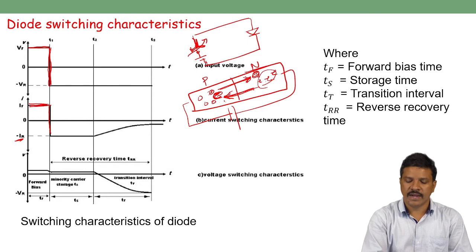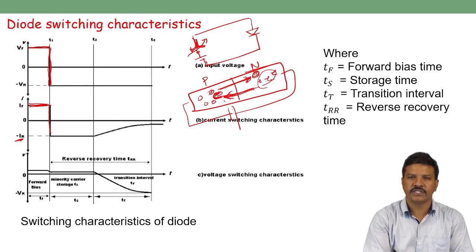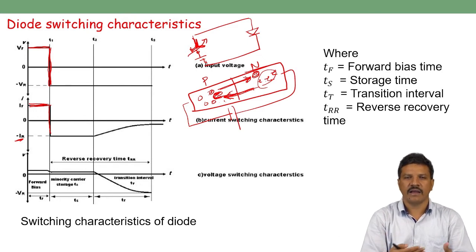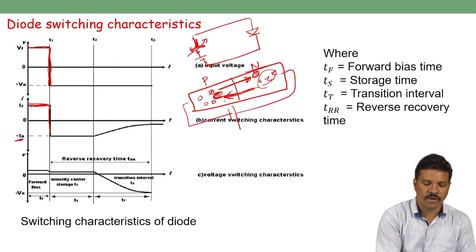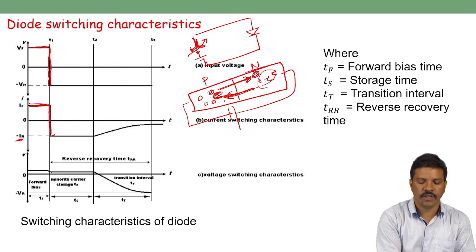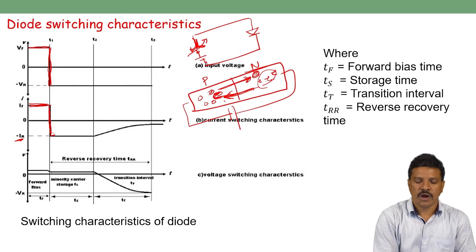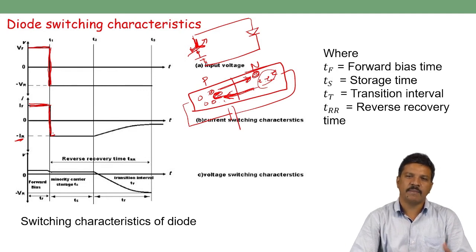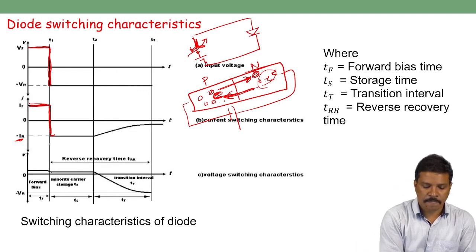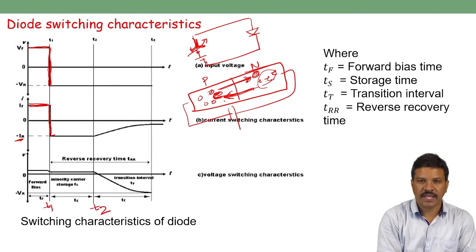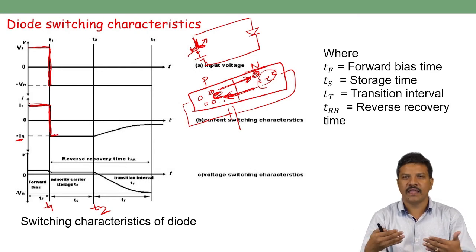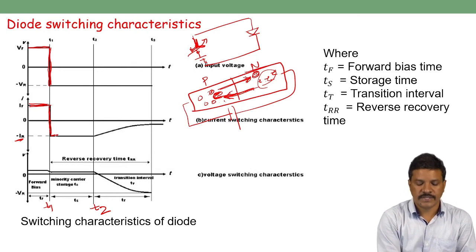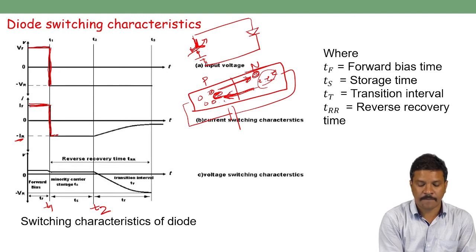Whenever they return to their position, that movement gives a negative current flow in the PN junction diode. How much time does it take? Say from T1 to T2. The time taken to recover, to return to their original position, is called the minority carrier storage time, mathematically represented as TS.